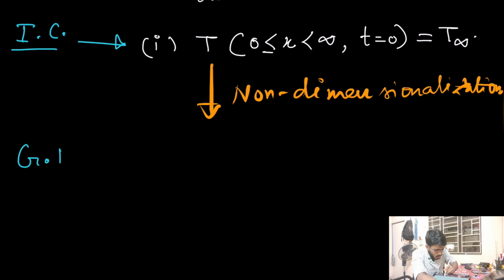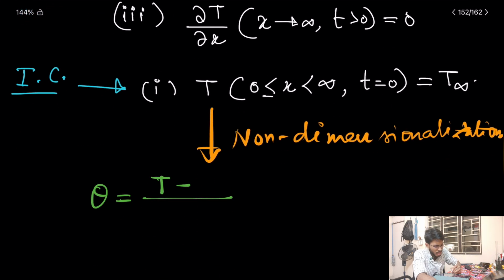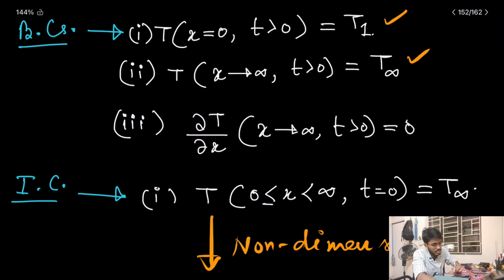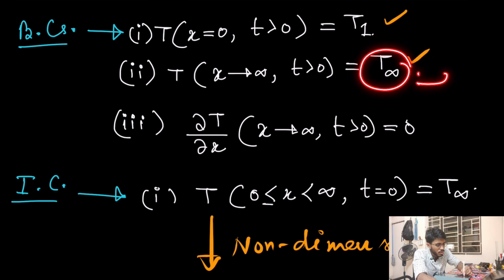So firstly the governing equation. Let me define the non-dimensionalized variable first. If I put T minus T infinity, then this will become 0, and at this boundary condition, that is x tends to infinity, I will get this equal to 0.